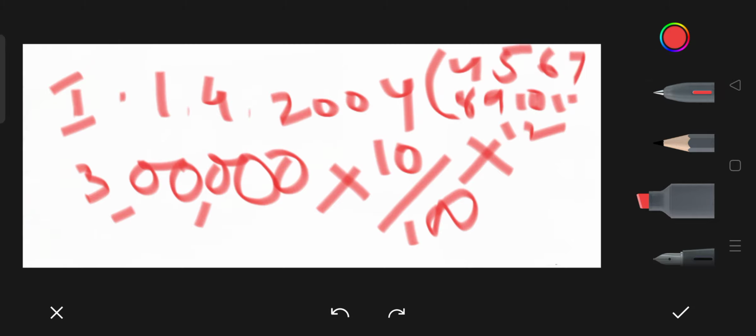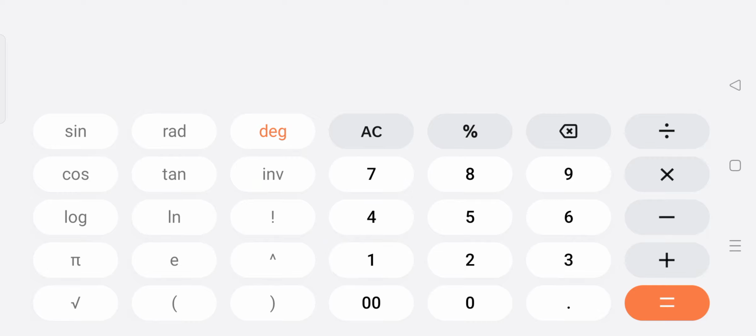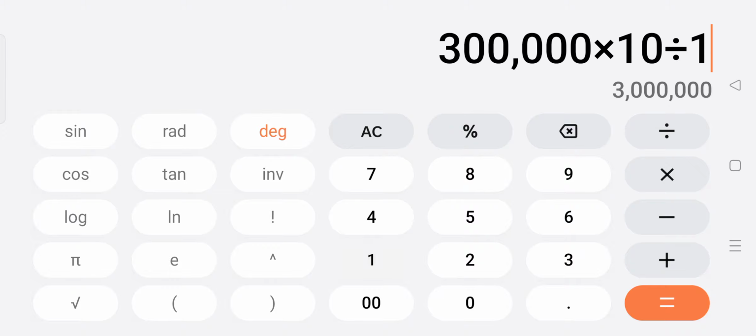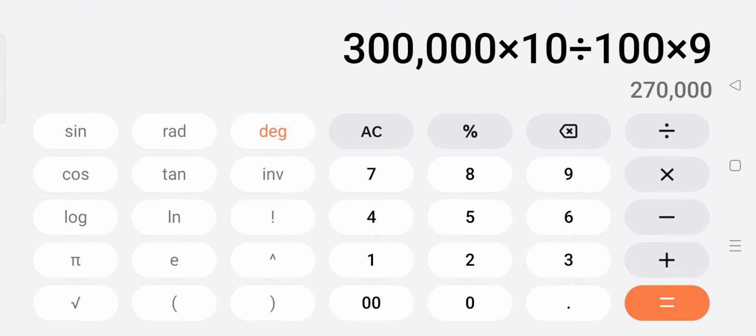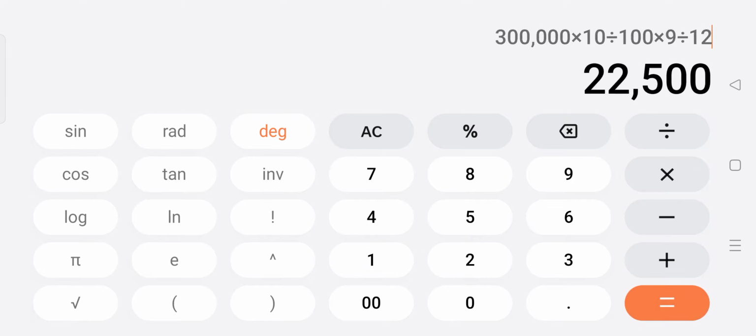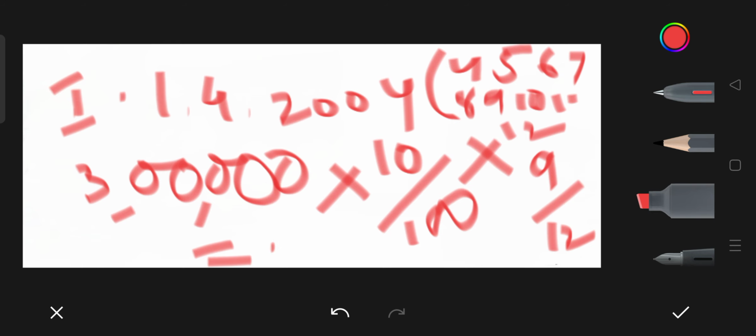That means we are using the machinery for 9 months out of 12 months. Now we calculate: 3 lakhs into 10 by 100 into 9 by 12. So the depreciation for machinery 1 is 22,500.